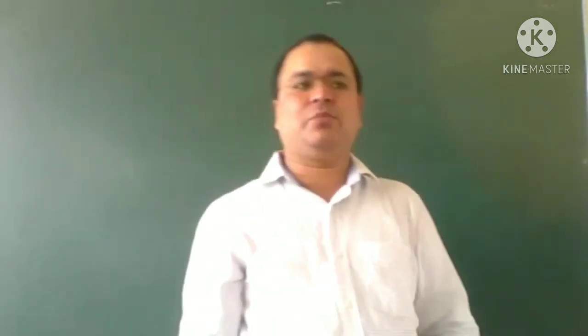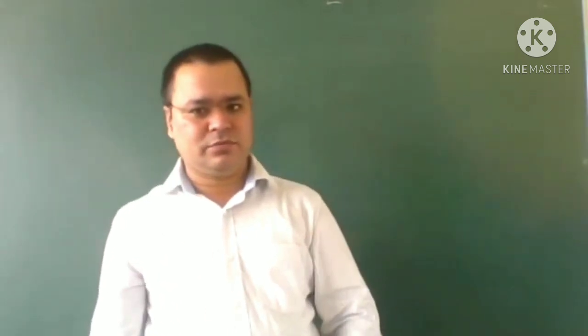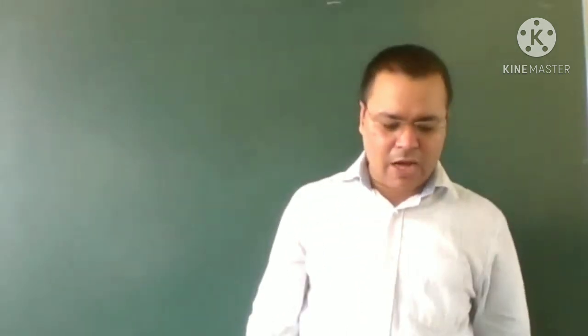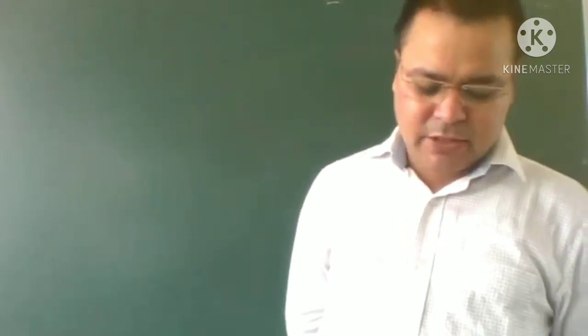First of all, I want to explain question number 32, the last question of exercise 8.3, on page number 465. Turn the page and see question number 32. You should also read the question.